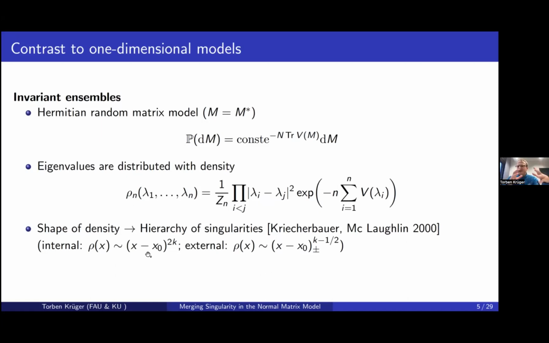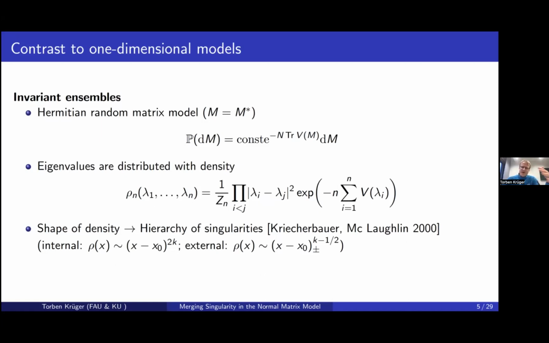Either inside the support of the density, it can approach zero in such a fashion that there can be some local minimum of the density where it touches zero, and the behavior is the distance to this singularity point to the power 2k, or at the edges.